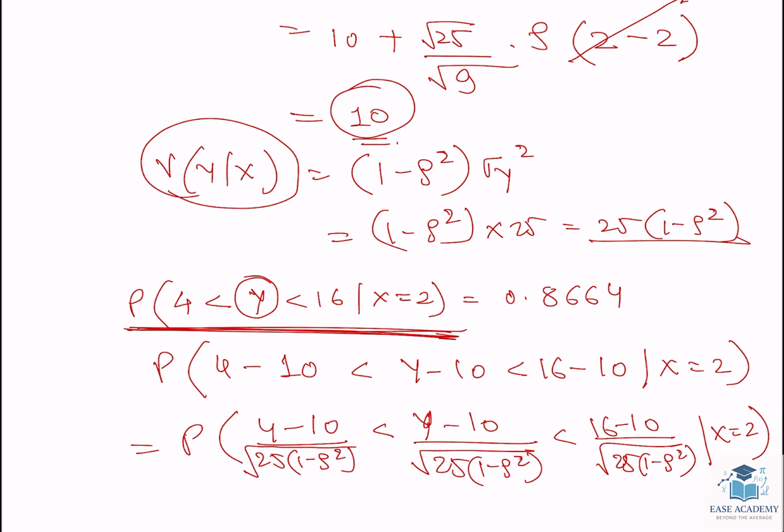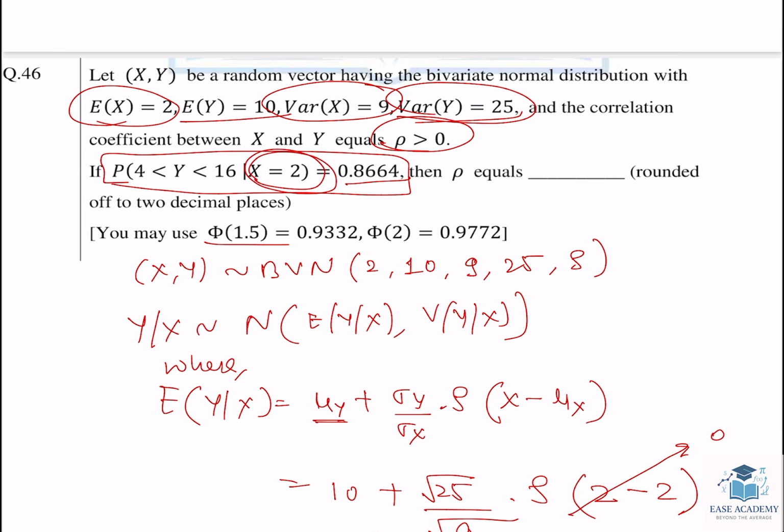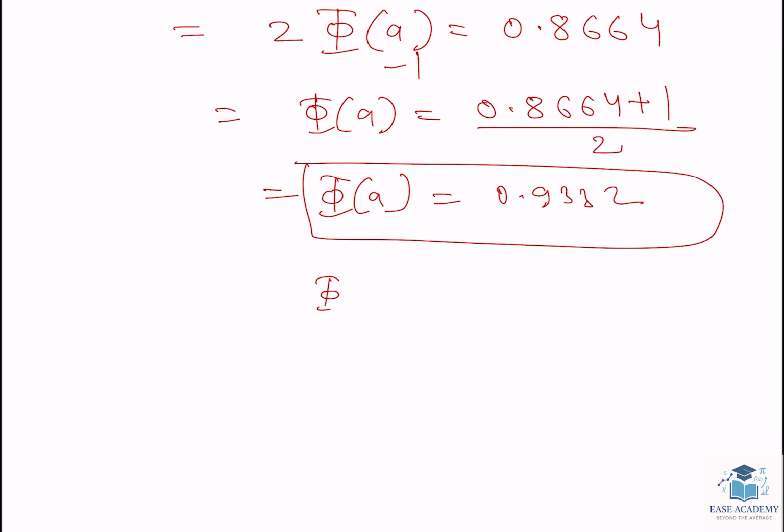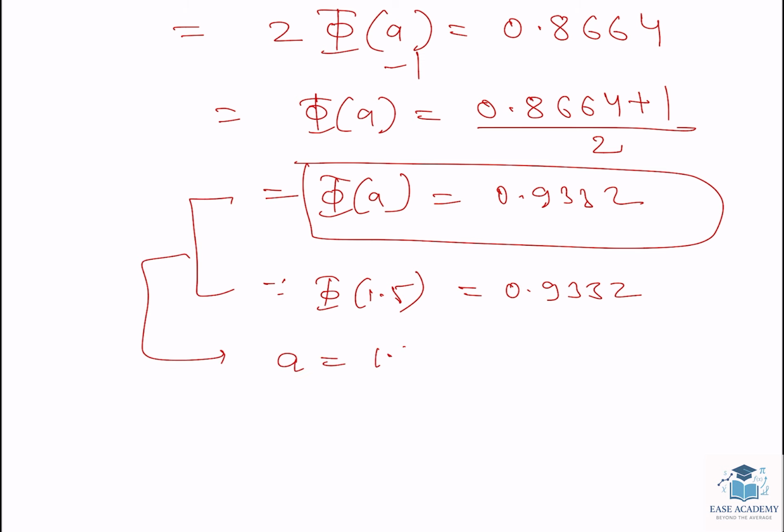On comparing the information, Phi(1.5) is 0.9332, so we get a as 1.5.